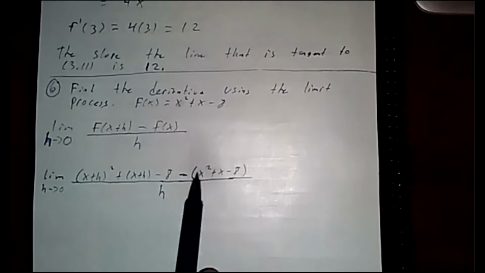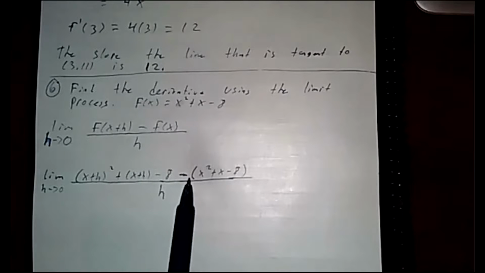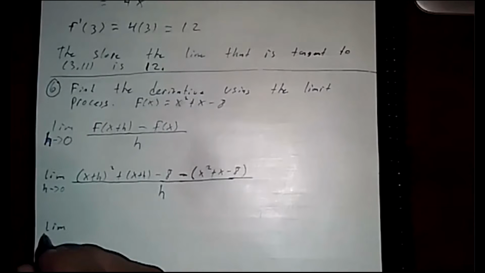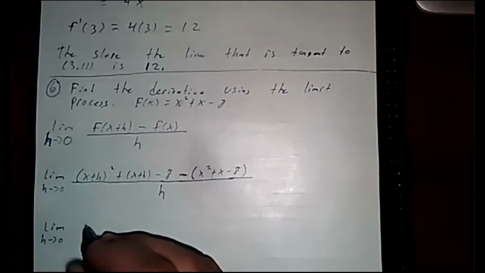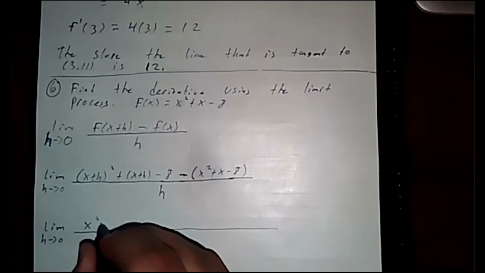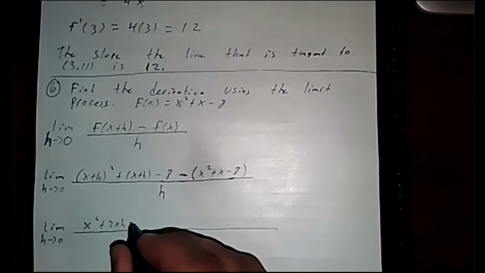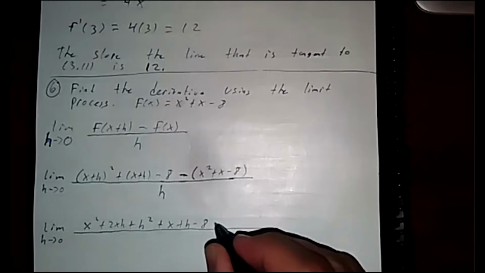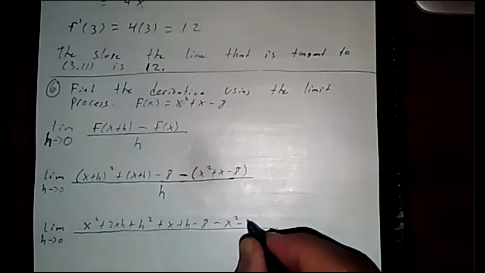All right, so we're going to have to expand this and distribute the negative and cancel like terms. So squaring this would give us, let me put a giant bar here, x squared plus 2xh plus h squared plus x plus h minus 8 minus x squared minus x plus 8.